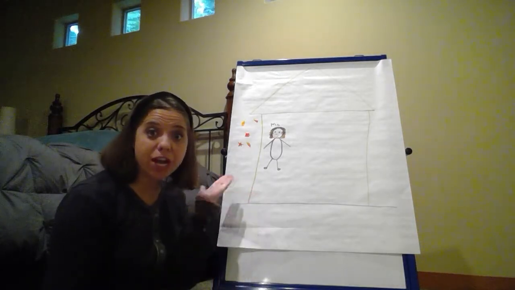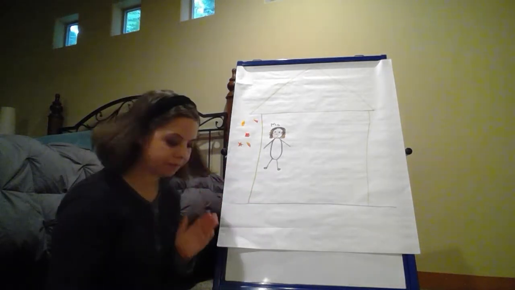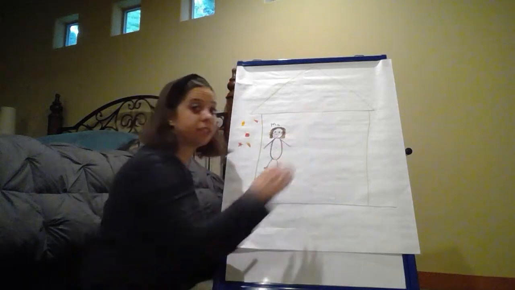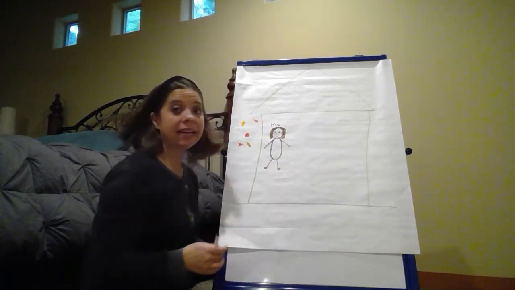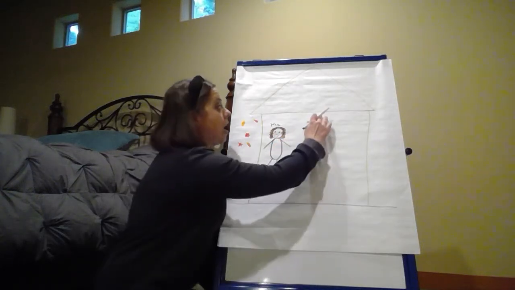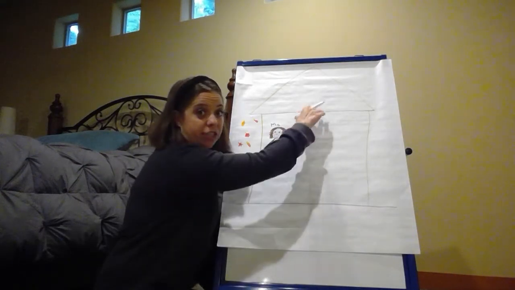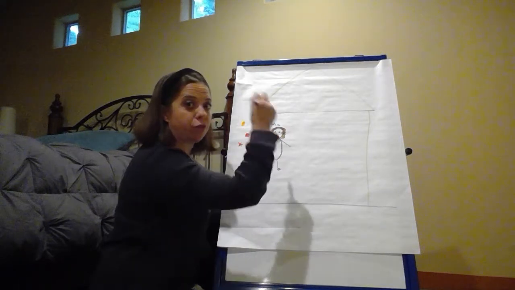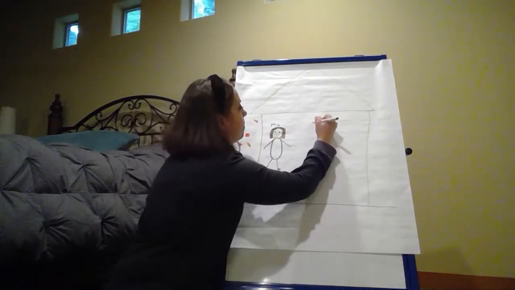Now I'm going to draw another person who lives in my house. He is taller than me. It is my husband. I will draw him also in my house. I will start drawing him up here because he is taller, and I'll also use a round circle shape to start by drawing his head.